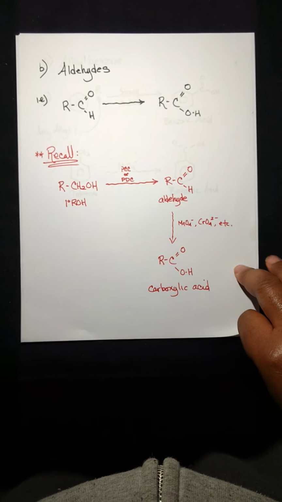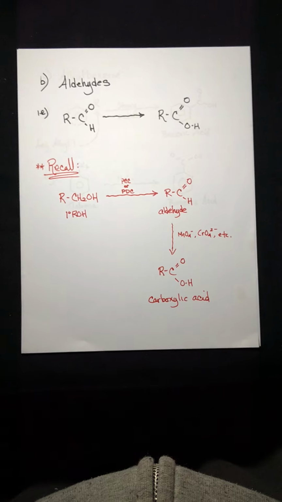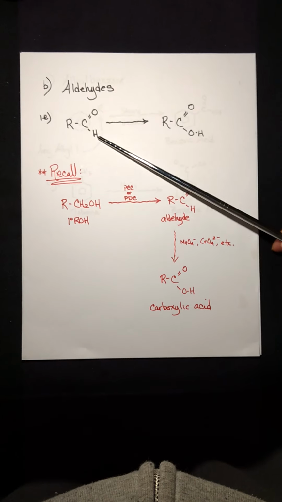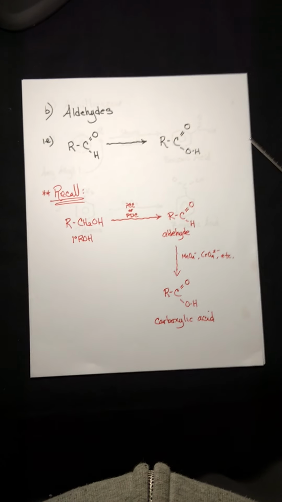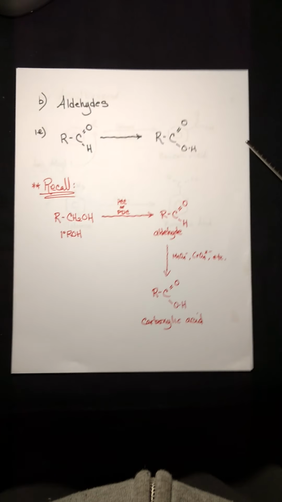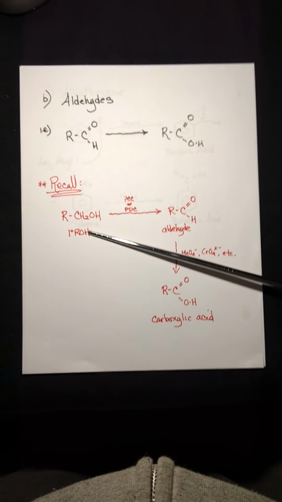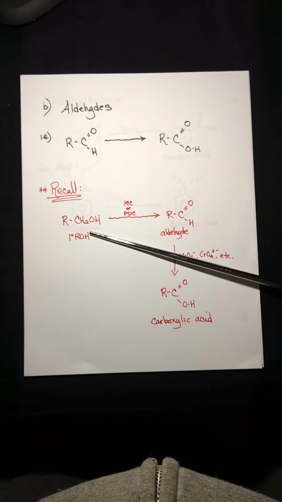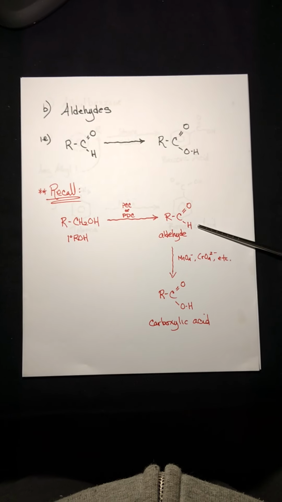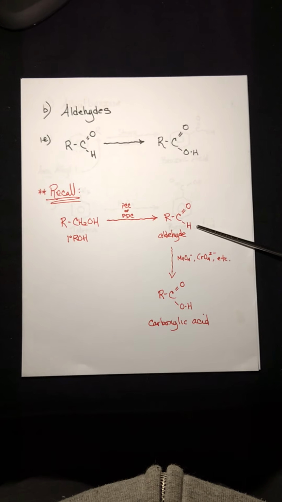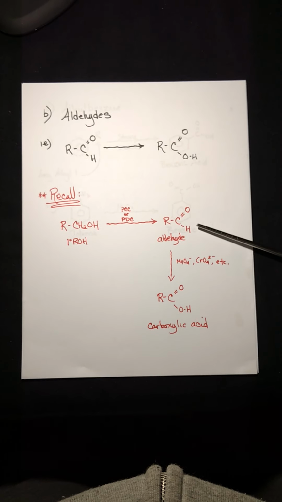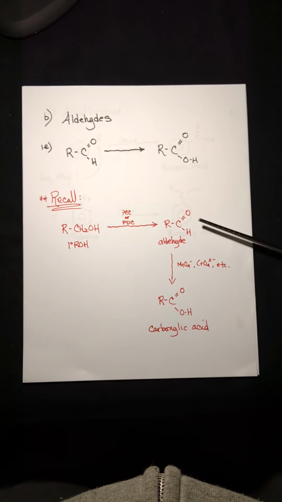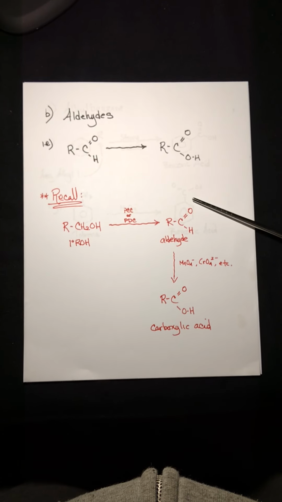Alcohols are not the only potential source of carboxylic acid. We can also oxidize aldehydes. Now, if you recall, we could also take a primary alcohol and oxidize it to an aldehyde. The only difference here is the strength of the oxidizing agent.